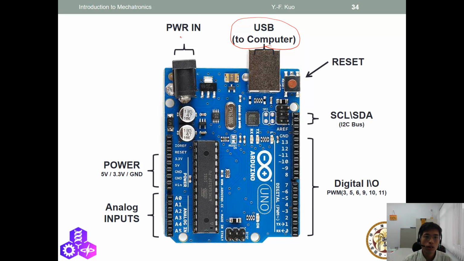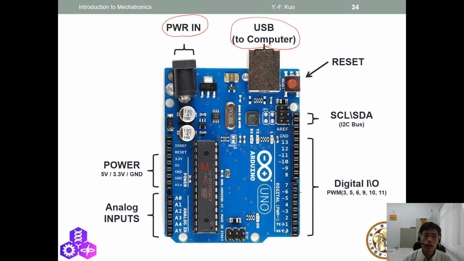And we also have a power input. And there's a reset button. If the microcontroller doesn't work, you can press this reset button and it will power off, then power on the microcontroller over here to make it work again.